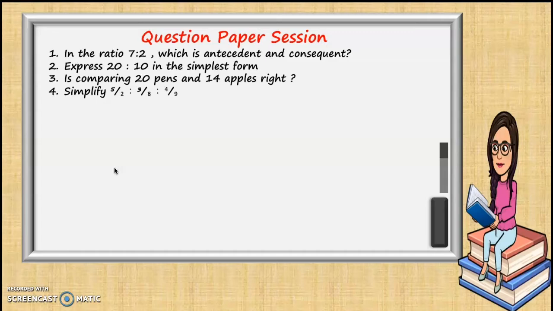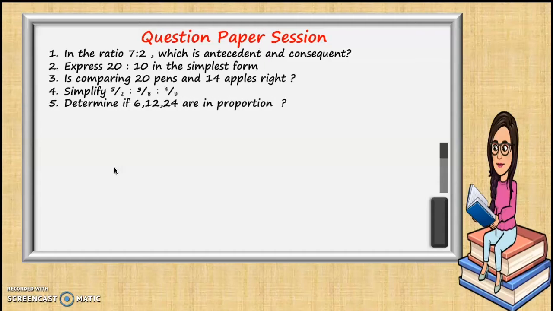The hint for this question goes like this. Since the denominators are different, I have taught you to find out the LCM and then simplify to the simplest form. So all that you have to do is find out the LCM for this particular equation and then bring it down to the simplest form.